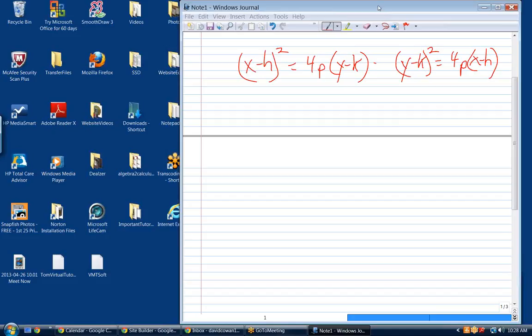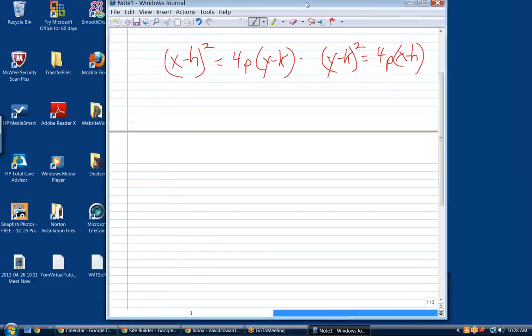Okay, let's see if we can draw a picture. So this is 3 inches, and height of 6 inches.